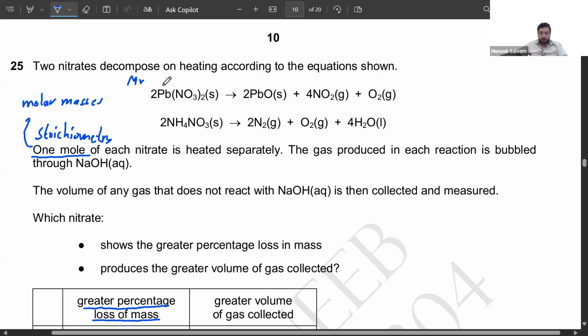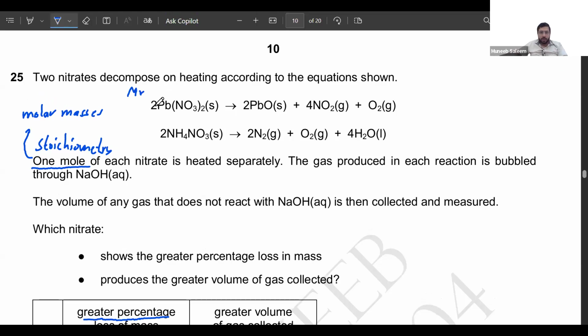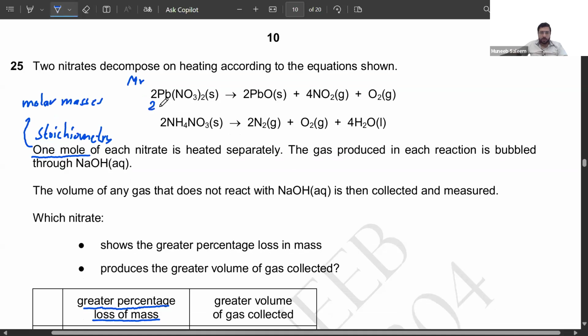If you use the periodic table, you will be able to answer. The AR value of lead is 207.2. For nitrogen, it is 14. For oxygen, it is 16. So after doing the required calculations, you have to do like this.